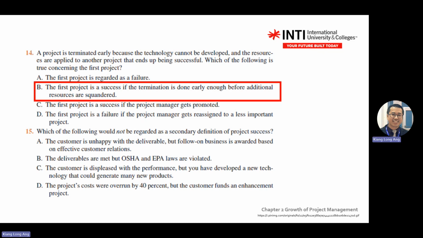Which of the following would not be regarded as a secondary definition of project success? So there are two project successes. One is from the perspective of the customer, which is the primary factor, right? So which one is not regarded as secondary? Secondary means something that happens inside the company.